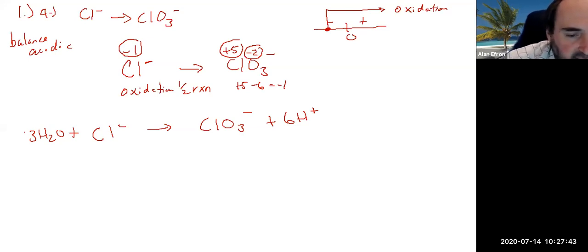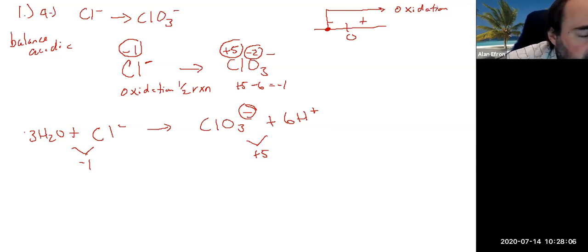Overall charge on the left-hand side is -1 coming from the Cl minus. Overall charge on the right-hand side, this is -1. This is plus 6. Plus 6 and minus 1 is plus 5. So on this side, we have basically plus 5 overall. On this side, we have minus 1.